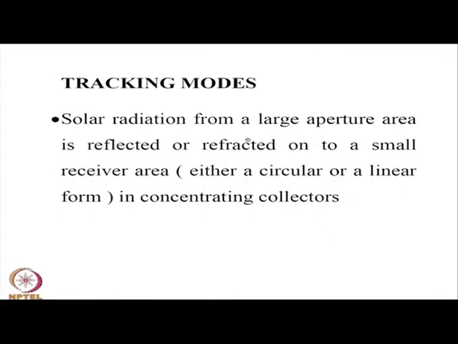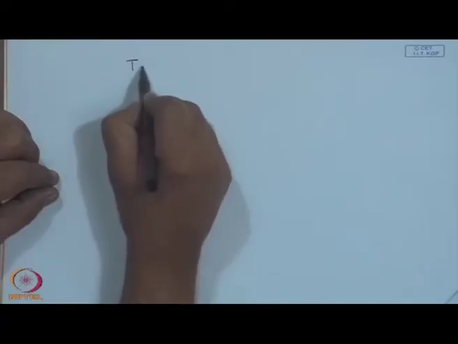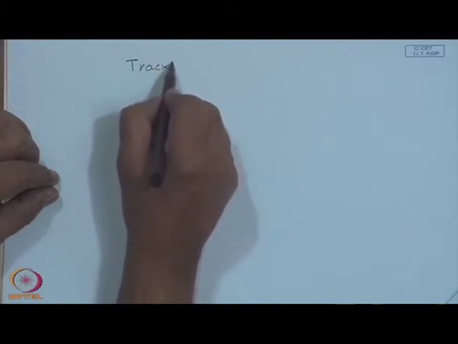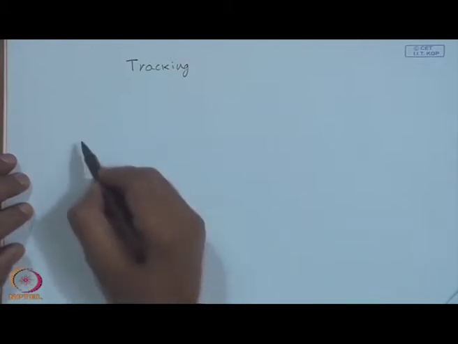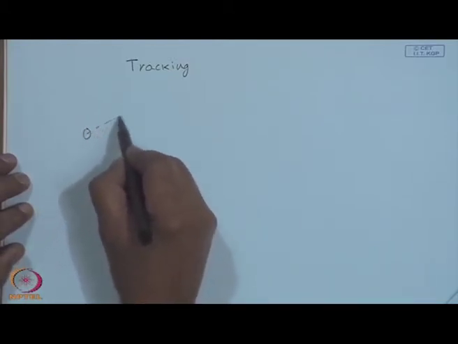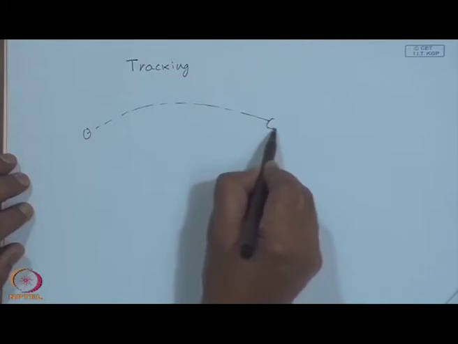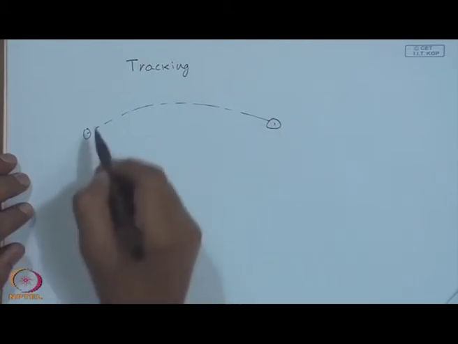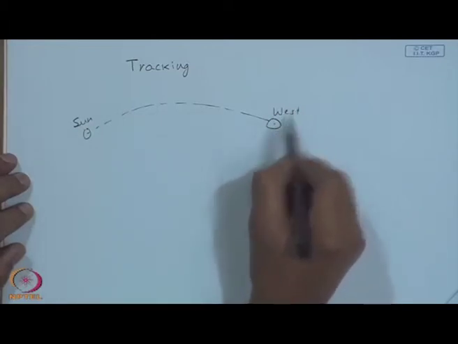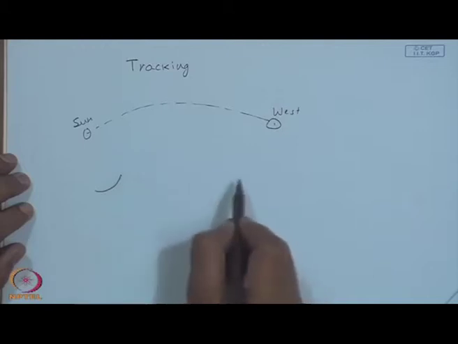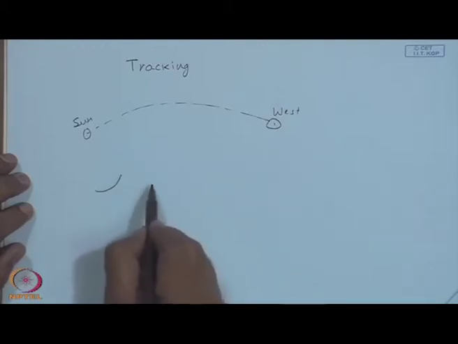Now, so far so good, but then I have to see that the rays are parallel to the reflector axis. So, this requires continuous tracking. That means my collector, as the sun goes from east to west, should turn from here.